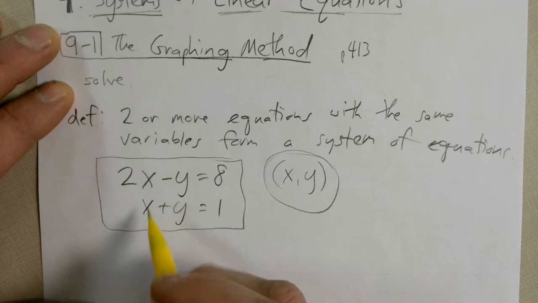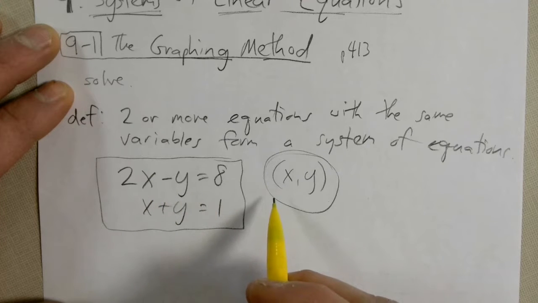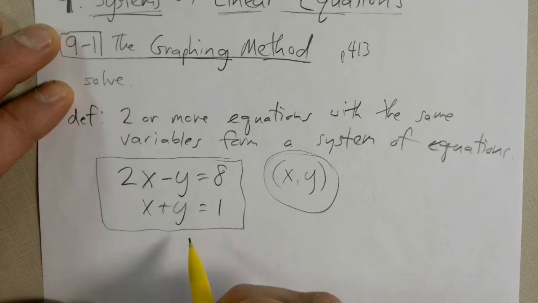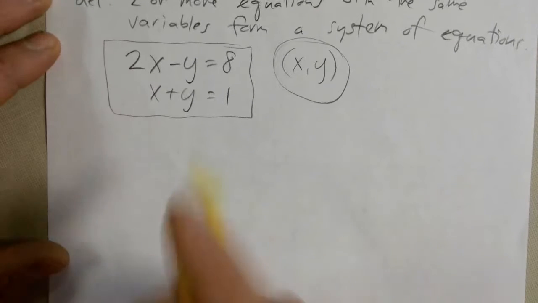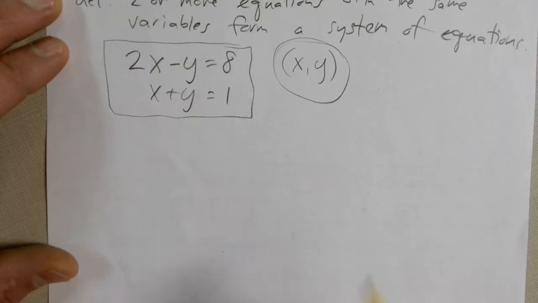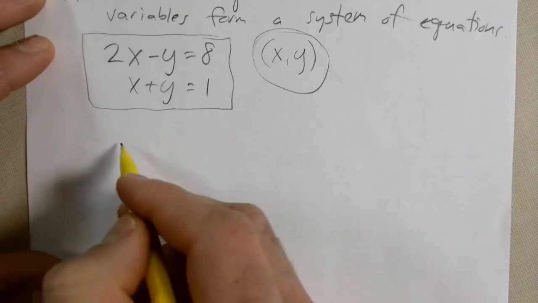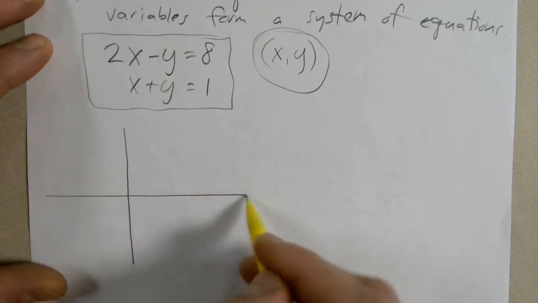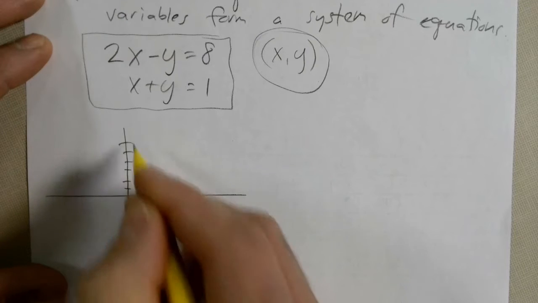Simultaneous just means at the same time. We're going to solve them at the same time for the one set of answers that works for both. We can solve this system of equations by doing a graph. Ready? Draw your graph, or if you have graph paper, it saves some time.